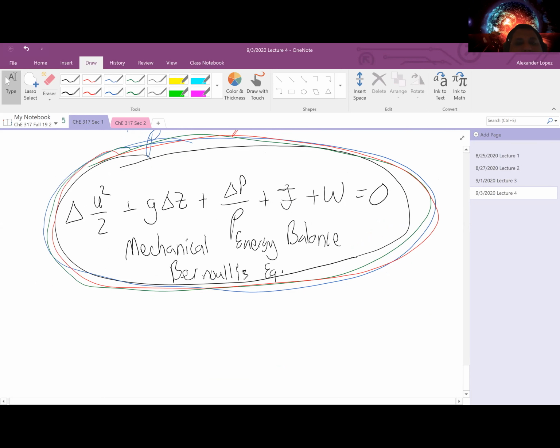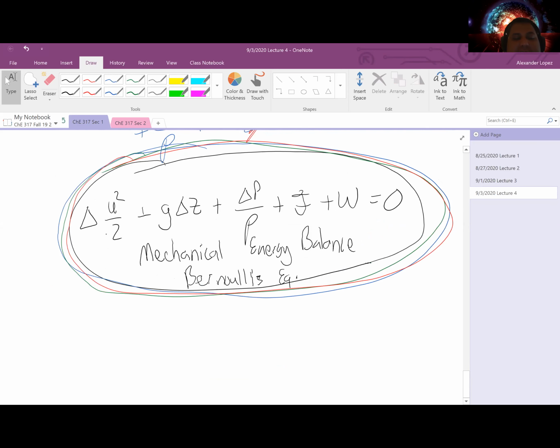So let's take a look at this. We have the first term, which is a comparison of kinetic energy between two states. Then we have the second term, which is an examination of the static energy or energy associated with elevation. Then we have our pressure potential energy. The F is friction or frictional dissipation, and the W term is our work term.